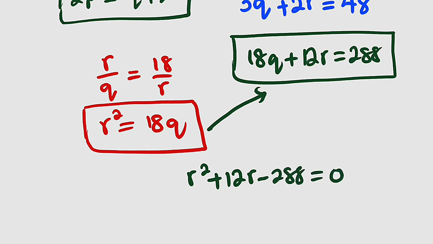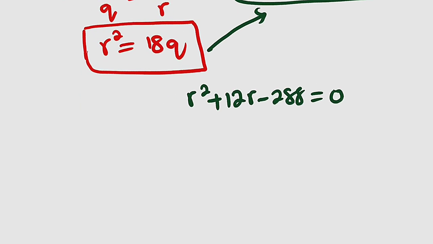Now we have a quadratic equation, which we can solve for R. But remember that R must be a positive number between 2 and 18, according to the question. This quadratic equation can be factorized. We need two numbers that multiply together to get negative 288, but when you add them together, you get positive 12. The numbers are negative 12 and positive 24.